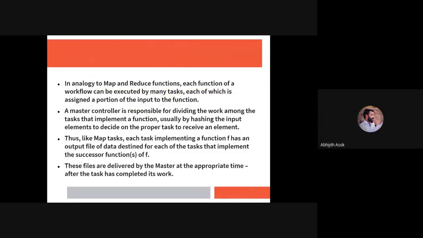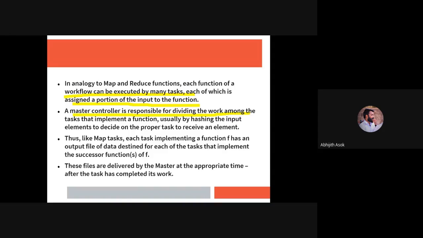In analogy to the map and reduce functions, the workflow can be executed by many tasks. In MapReduce there will be a number of maps and reduces. Similarly, this workflow can be divided into many tasks, each assigned a portion of input to the function. Here also one master controller divides the work among the tasks, similar to MapReduce.